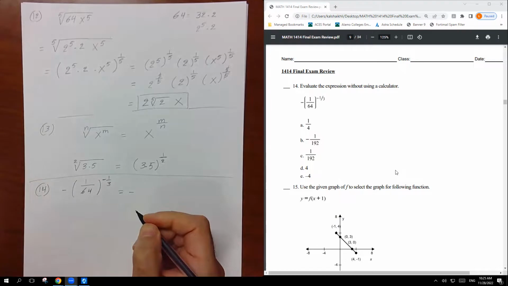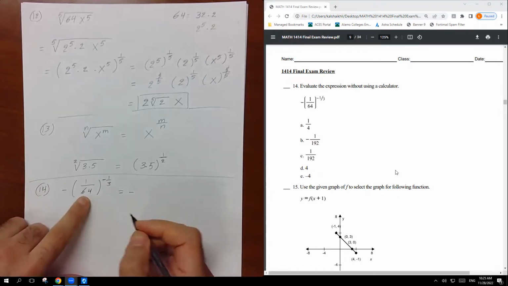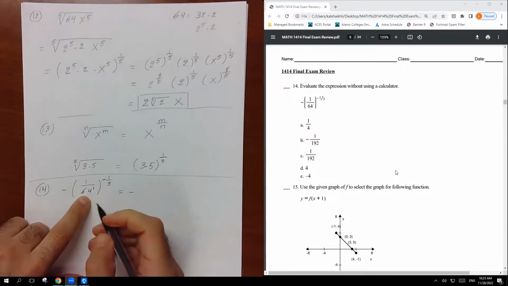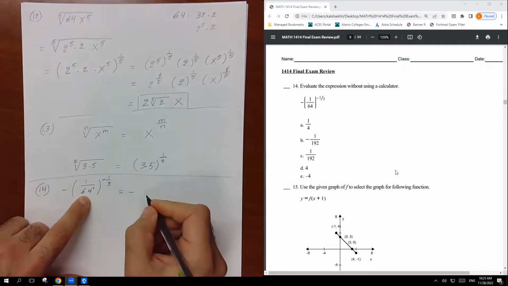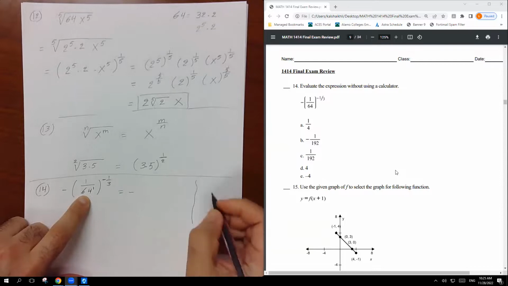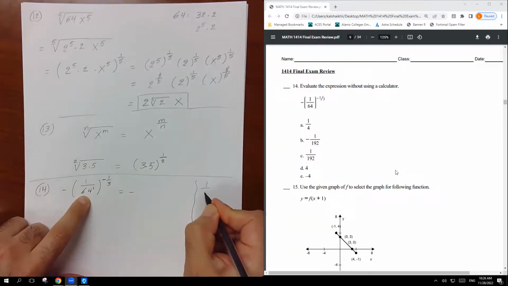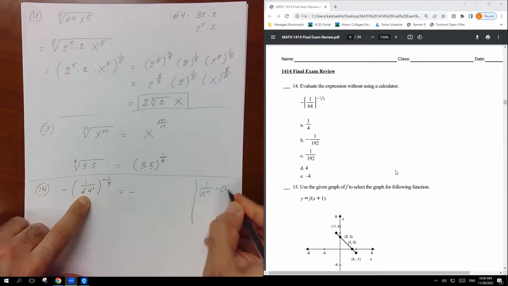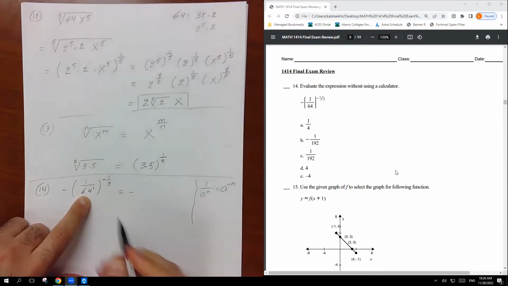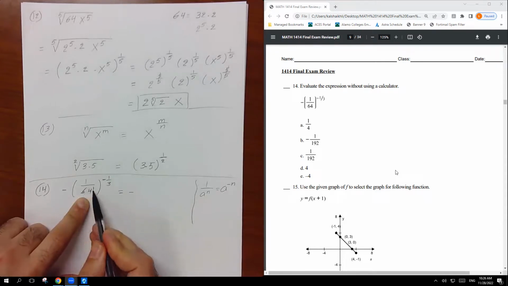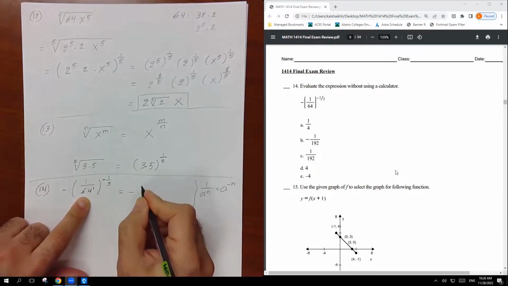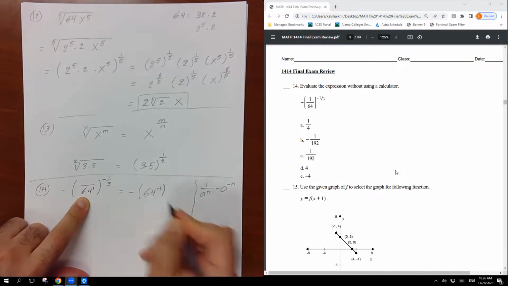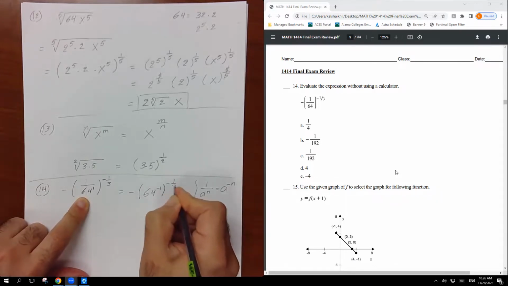The first thing I'm going to do is take the 64 to the top, because the exponent is 1. I'm going to use this rule: if I have 1 over a number with positive exponents, I can write the number with negative exponents. So this one is going to be the number 64 with negative exponent 1/3.